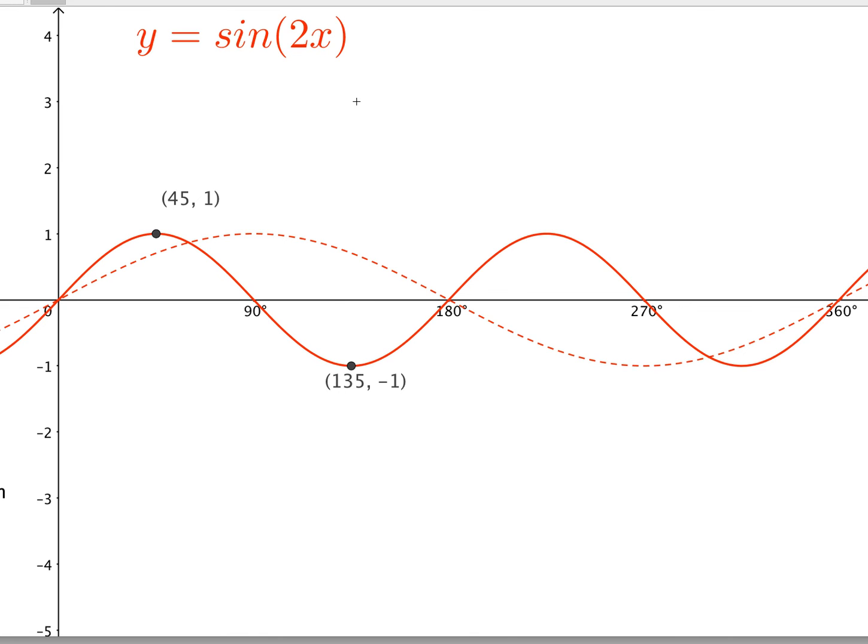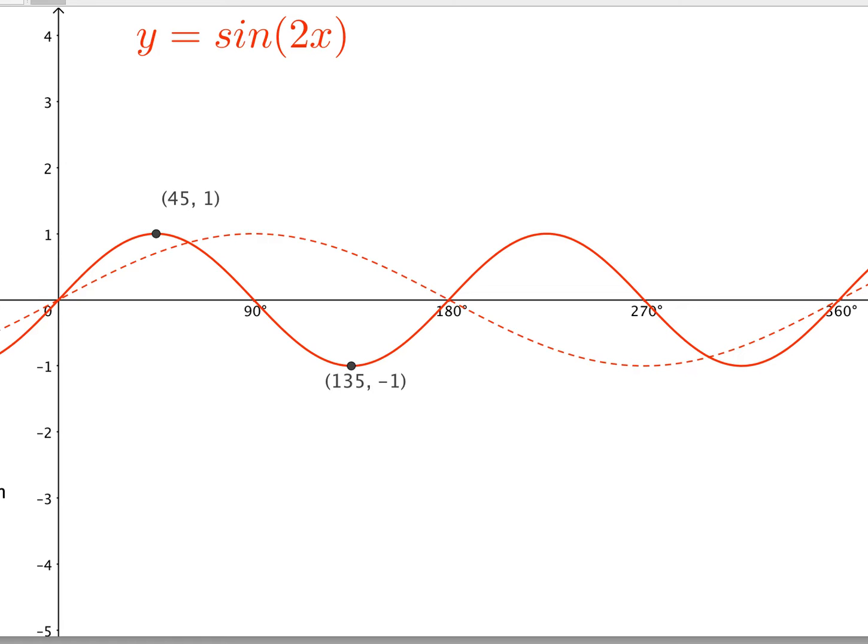So what used to happen at 90 degrees can now happen at 45, because if we put in 45, it gets doubled up to 90. So we can put in half our previous x coordinate. So our peak was at 90 degrees, 1 before. It now happens at 45 degrees, 1 because we can halve our x coordinates. So it's the opposite effect from what you might at first expect. 2x does not double the x coordinates, it halves them.